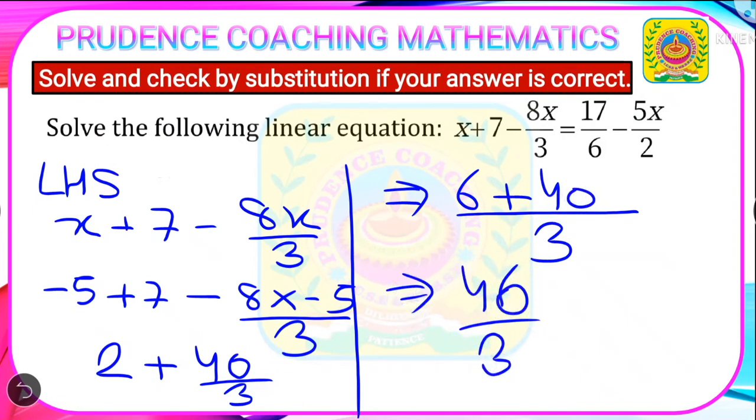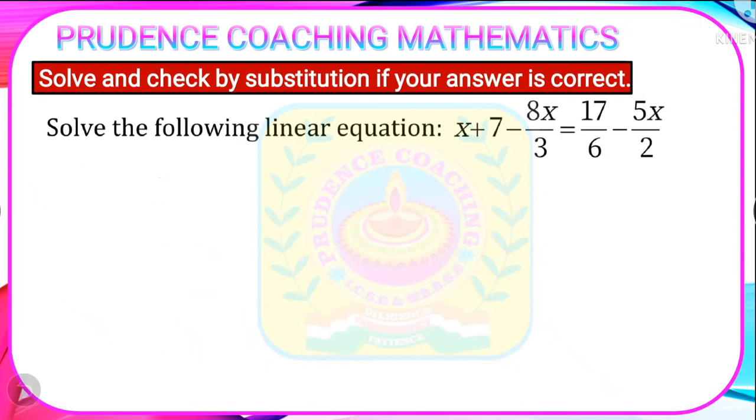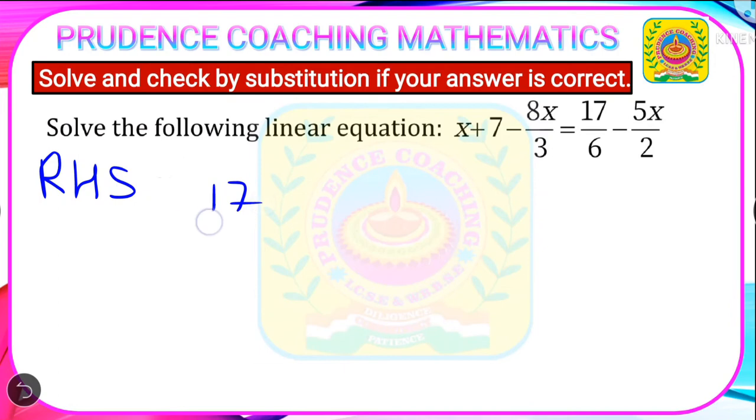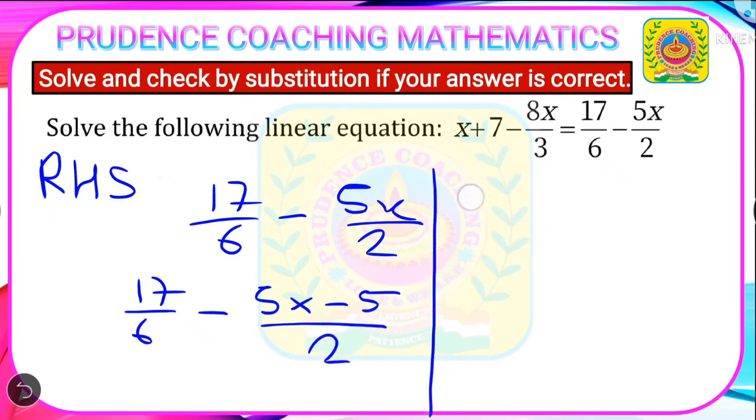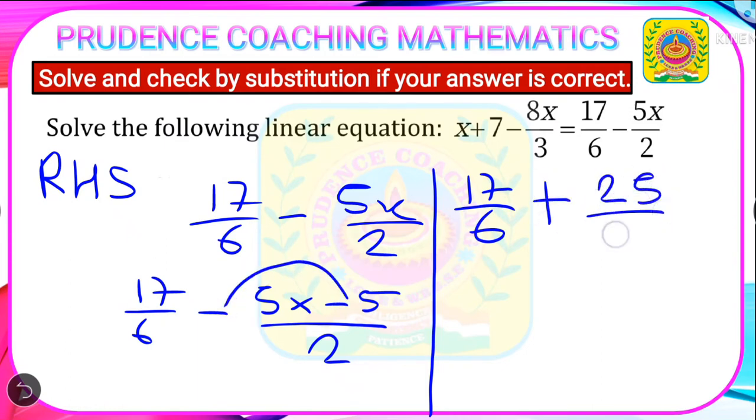Now we need to do the same for the right hand side. So RHS, here we have 17 by 6 minus 5x by 2. So here we have 17 by 6, we will write as it is. Here we will write 5 into minus 5 by 2, as the value of x is minus 5. So here we will get 17 by 6, minus into minus will give you positive 25 by 2.